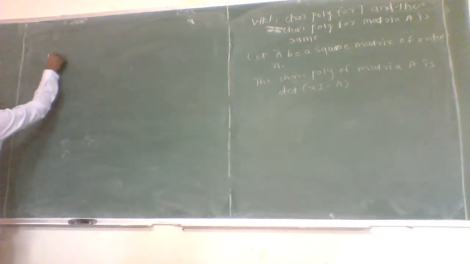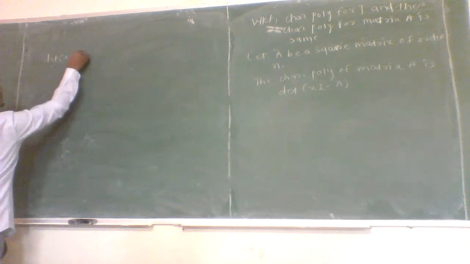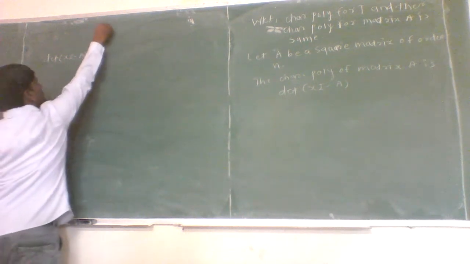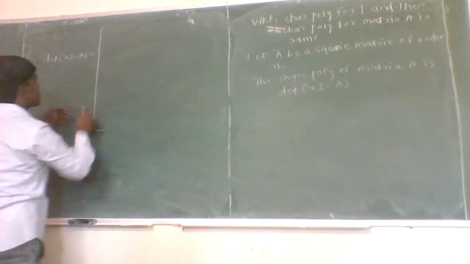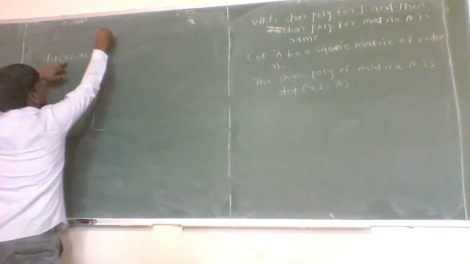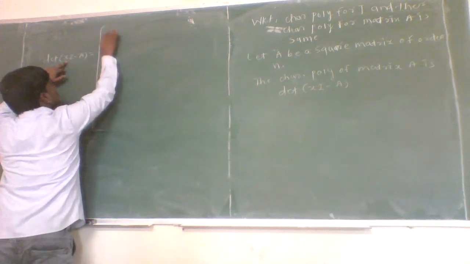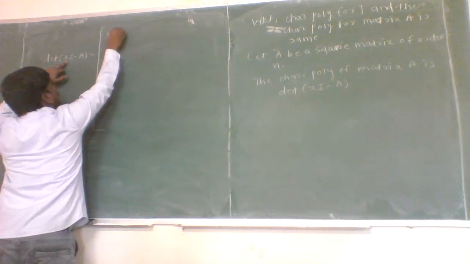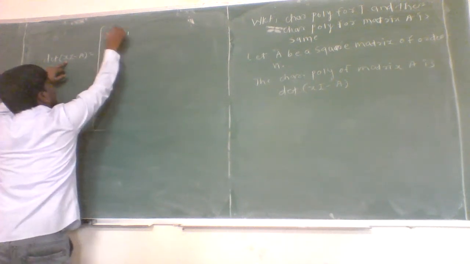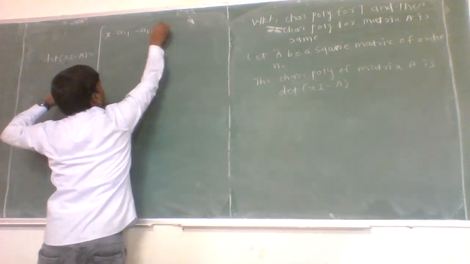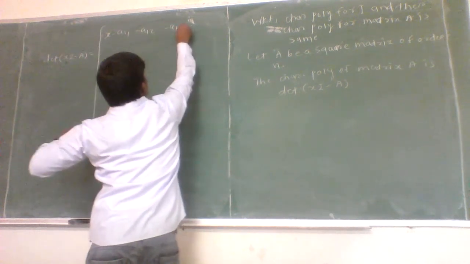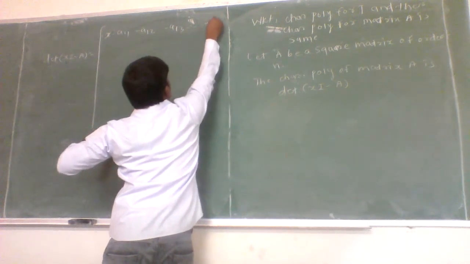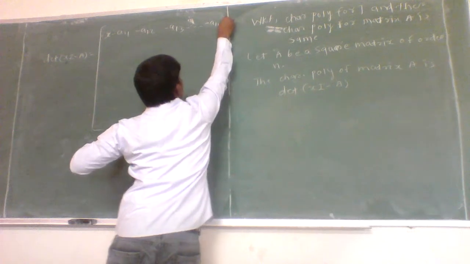So the determinant of xI minus A is nothing but the determinant of the matrix with entries x minus a11, minus a12, minus a13, up to minus a1n, then minus a21, x minus a22, minus a23, up to minus a2n, and so on, down to minus an1, minus an2, minus an3, up to x minus ann.